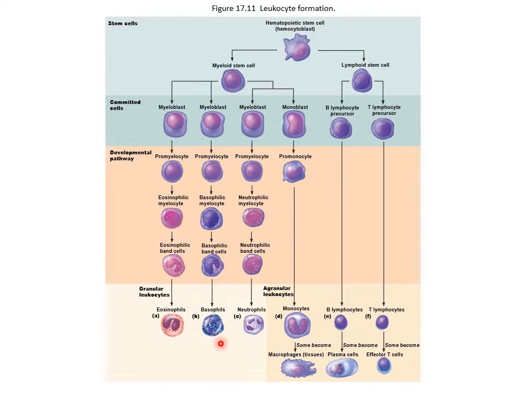So basophils release histamine. Histamine causes inflammation in sinus passageways and other tissues. So when you have an allergic reaction, your bronchial passageways will produce a lot of mucus and may swell up. That's from the histamine. So a lot of times if you have a sinus problem that's allergic, you take an antihistamine to block the effects of the histamine produced from the basophils.